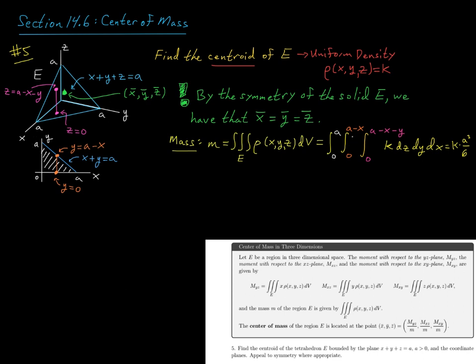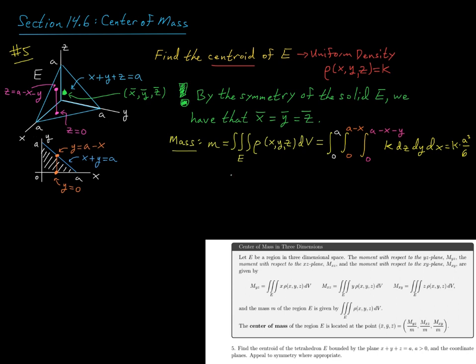So those are our bounds for y. And then finally, we're going to stack these vertical strips as we let x vary from 0 to a to fill out this region. So those would be the bounds for x. And I've gone ahead and just computed this integral. It's not terribly difficult, maybe a bit cumbersome, but you wind up getting k times a cubed over 6.